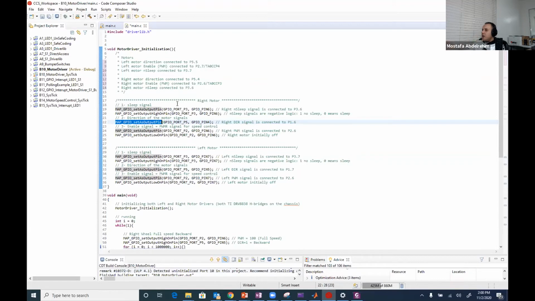Then pin 2.6, it will be an output, and through it we're gonna send 1 so that it will run full speed, or 0 to stop it. Okay. And initially we're gonna put 0 there, so it will be in a stop mode, which is actually the initial condition.